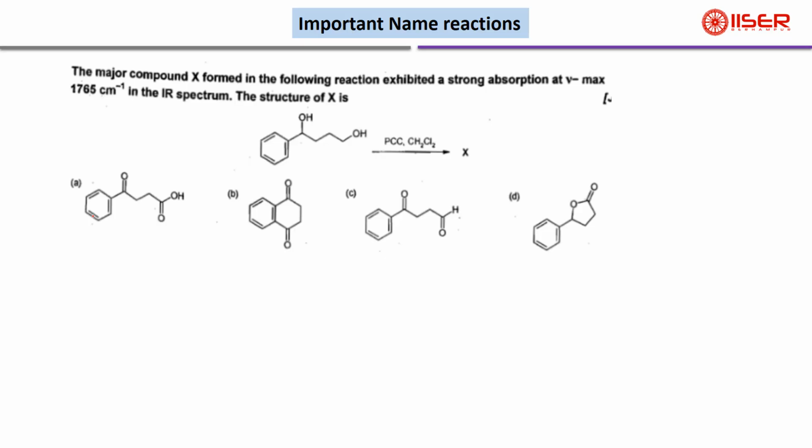Next question is, what will be the major product X formed in the following reaction? It exhibits absorption at 1765 cm inverse in the IR spectrum, and the structure is X. What will be the product here? So they have given PCC.